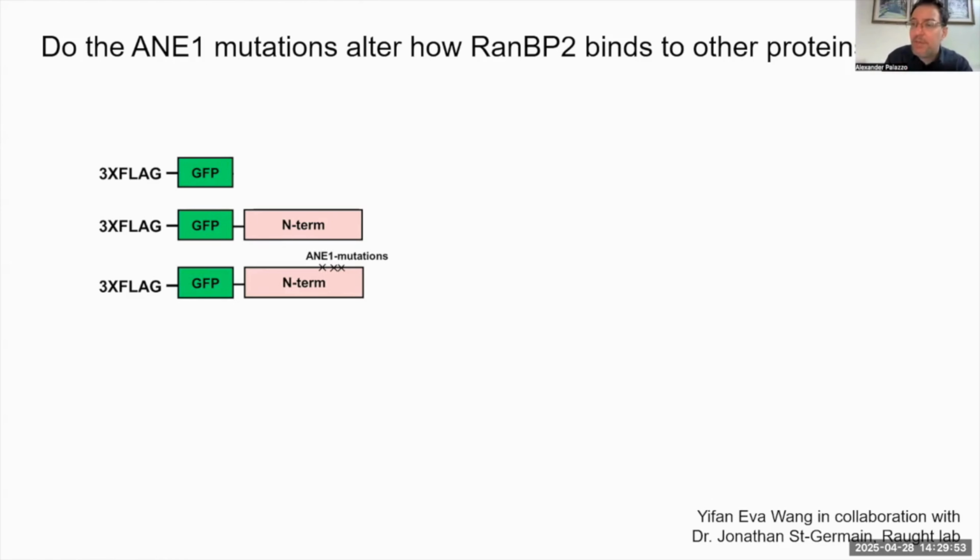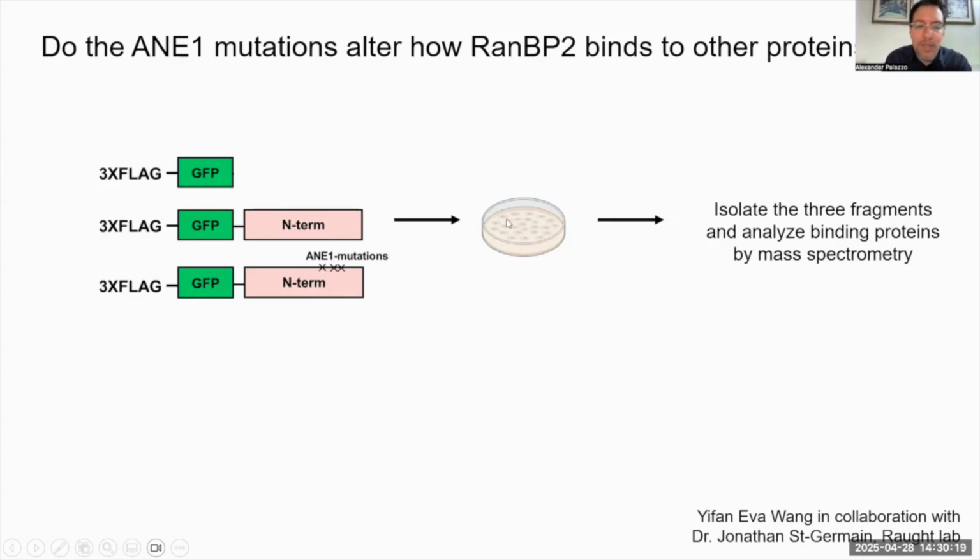So it's important to note that all documented mutations of ANE have only a single mutation, but we really wanted to make sure that we could identify proteins in cells that may recognize these mutations or that these mutations may disrupt. And so we incorporated actually three mutations together, and we express these in cells. And then what we can do is we can isolate each one of these proteins independently and analyze all the binding factors by mass spectrometry.